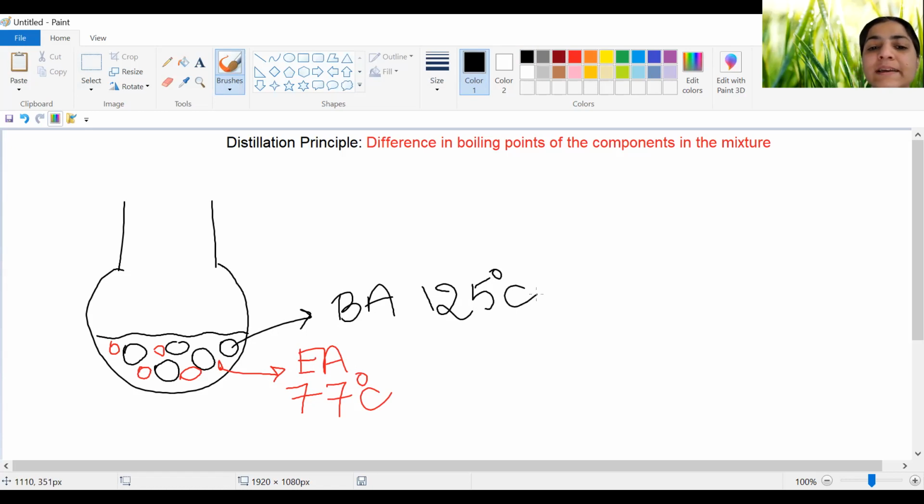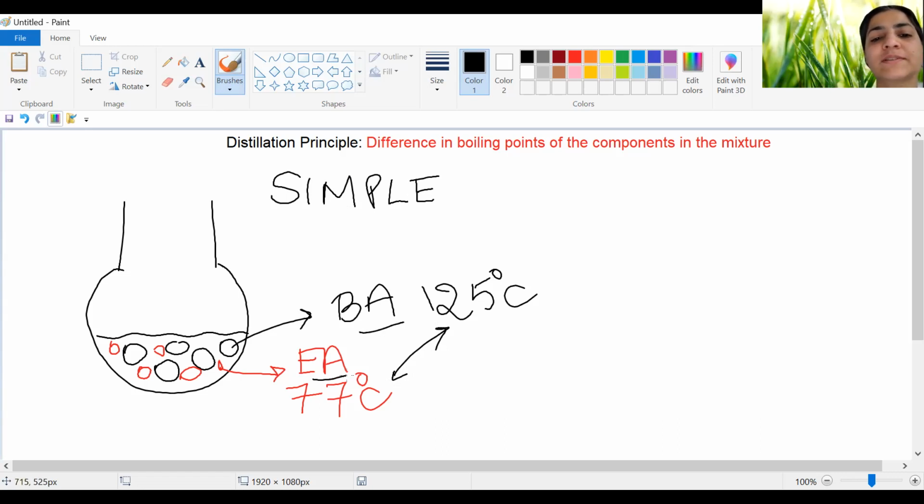So we can see a clear difference in their boiling points. A simple distillation can be done if the boiling point difference between the two compounds is about 50 degrees Celsius.